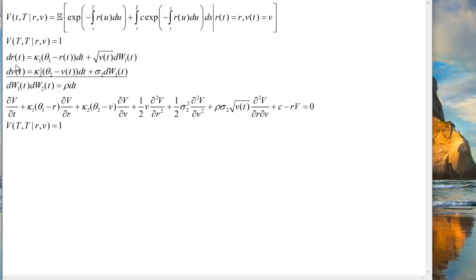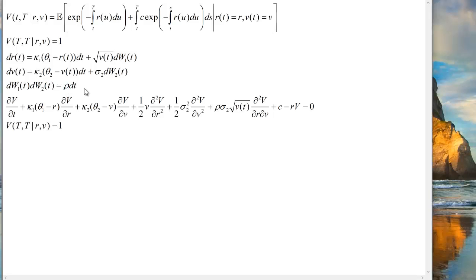You have the process for the Vasicek model that really drives the short rate, but the volatility in the Vasicek model is subject to another stochastic process, which is Cox, Ingersoll, Ross, and this has the following dynamics. And we furthermore assume that the two processes are correlated with some coefficient rho.